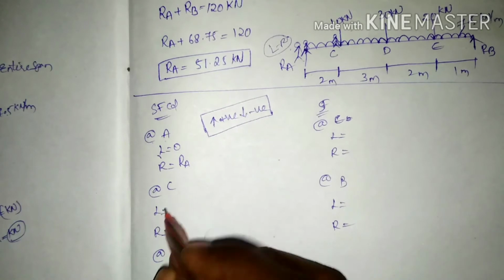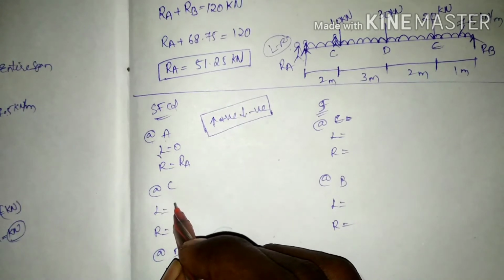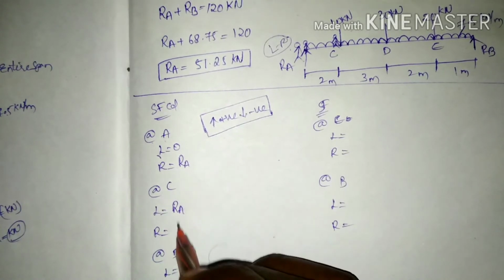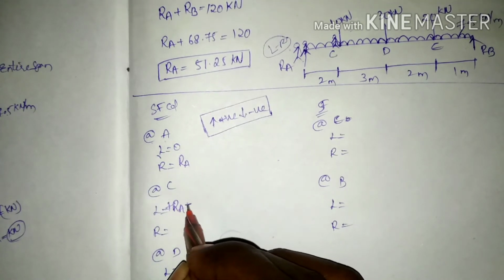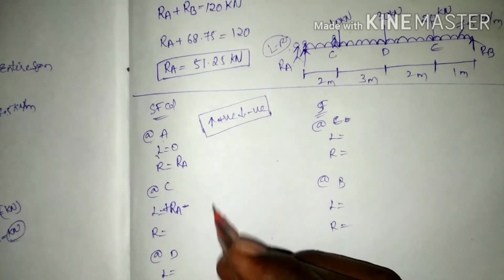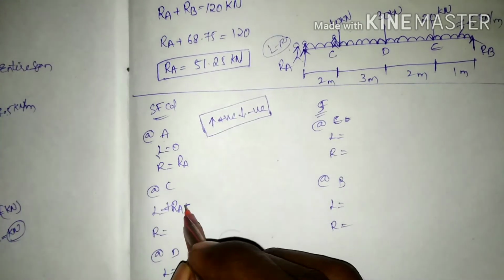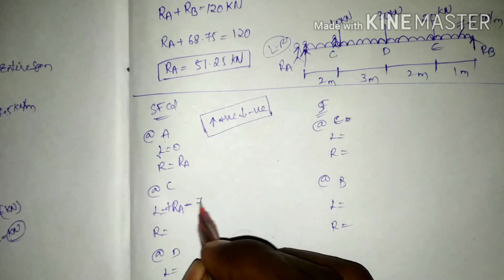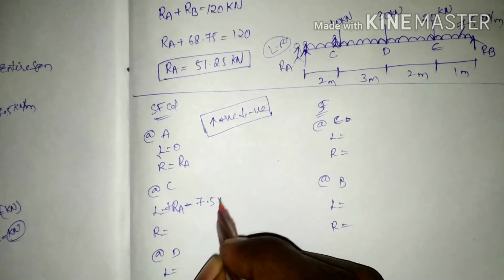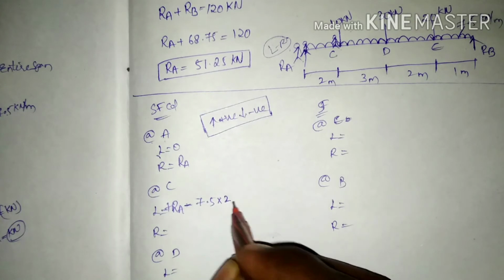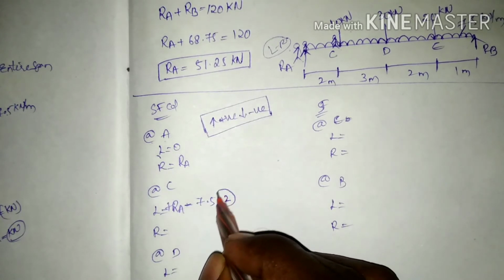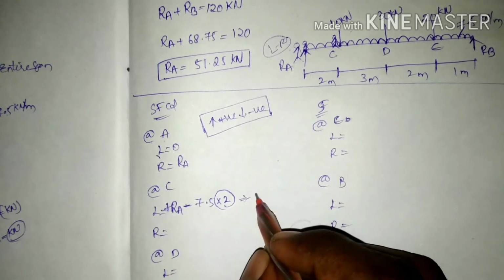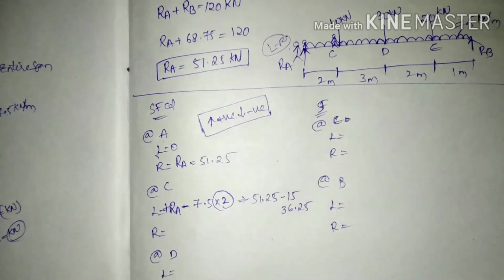For the left, we are having RA in the upward direction, so that is positive, and next negative, because the UDL is going to act on the beam in the downward direction, with a magnitude of 7.5 for the distance of 2 meters, so that it's going to be converted as kilonewtons when it is multiplied with meters. That's going to be the value, we are having 36.25 kilonewtons.